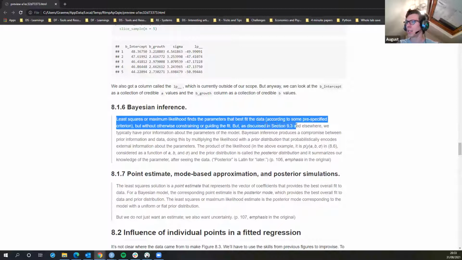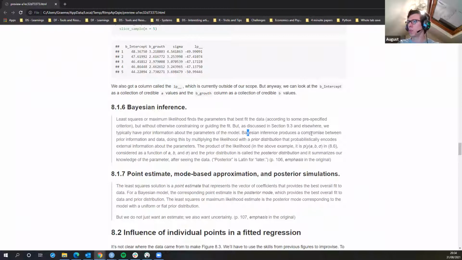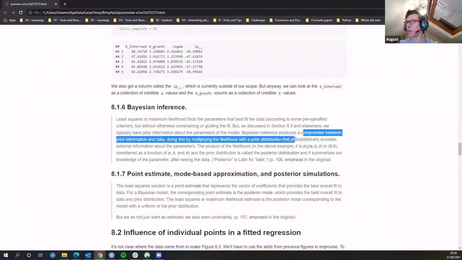But as discussed in section 9.3 and elsewhere, which we haven't got to yet, we typically have prior information about the parameters of the model. Bayesian inference produces a compromise between prior information and the data, doing this by multiplying the likelihood with a prior distribution that probabilistically encodes external information about the prior information.